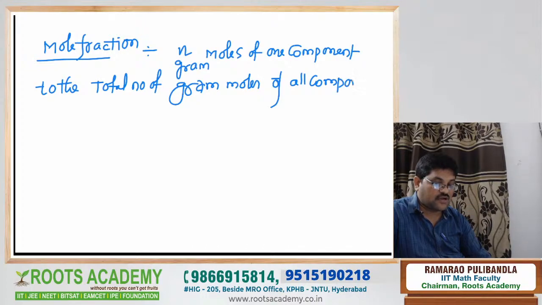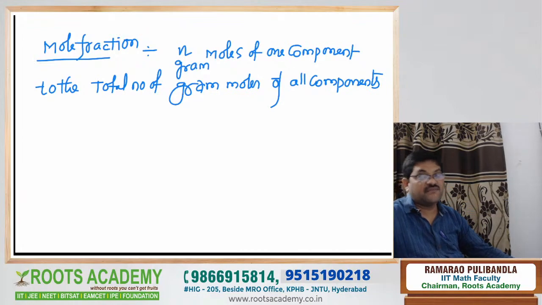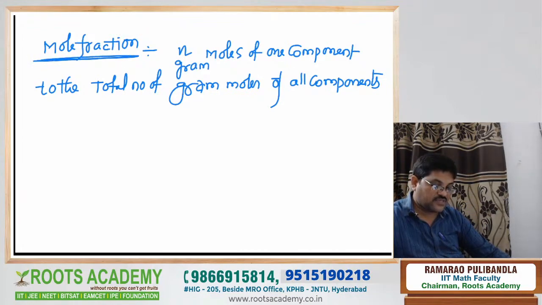The total number of gram moles of what components? All components. That is the meaning of the mole fraction. Simple statement done. So let me repeat the statement once again.